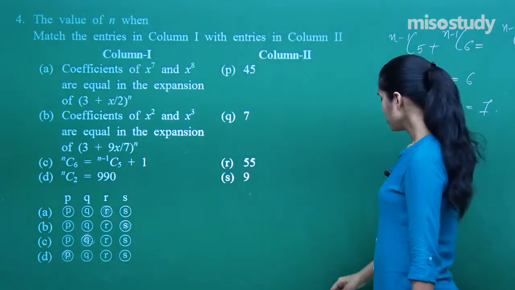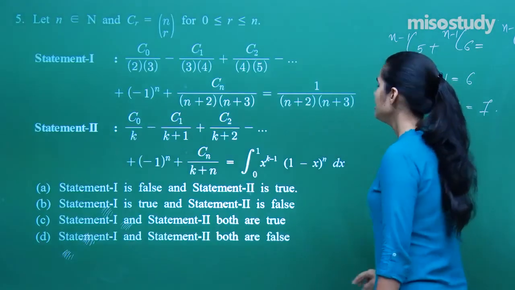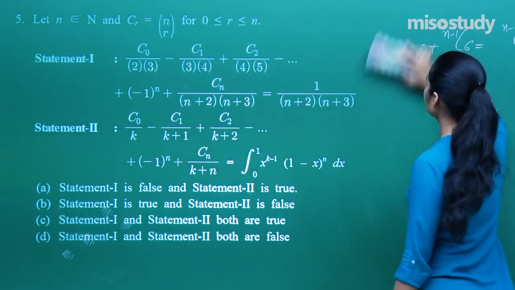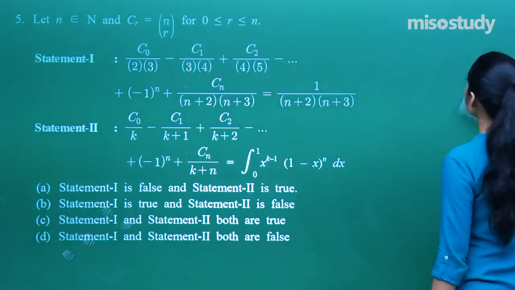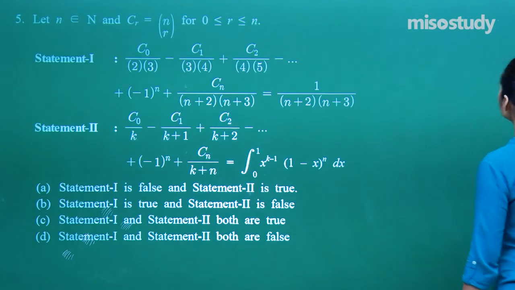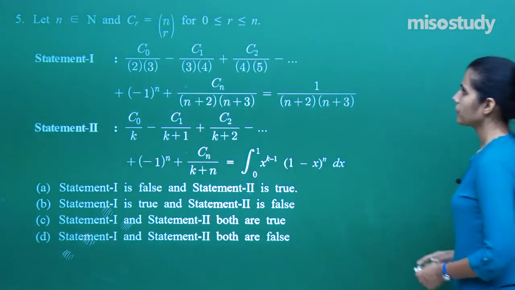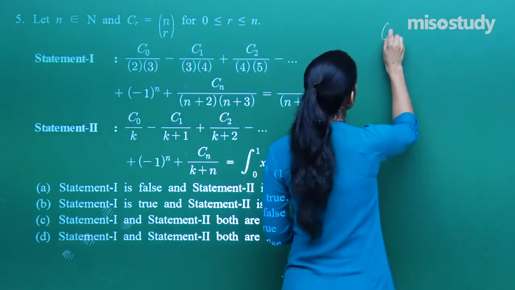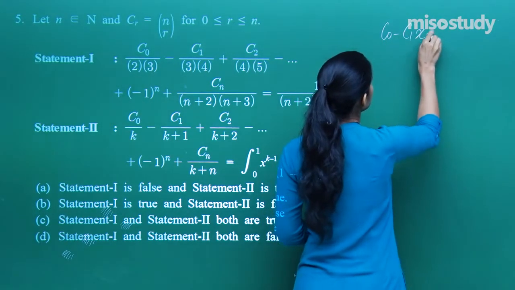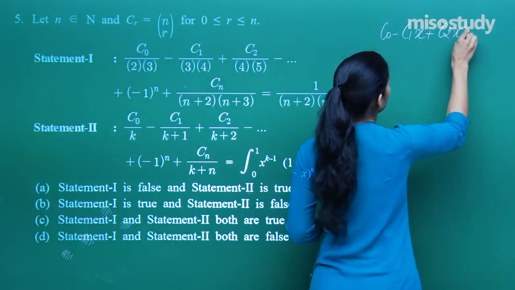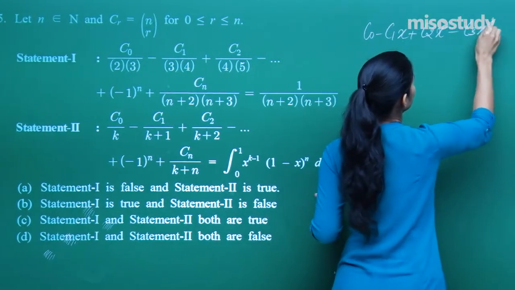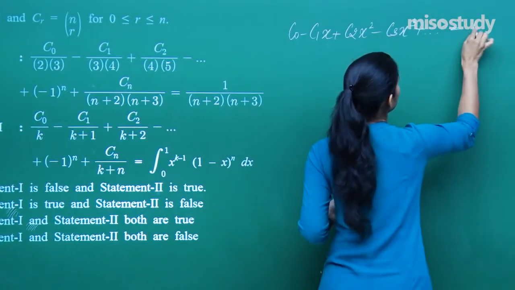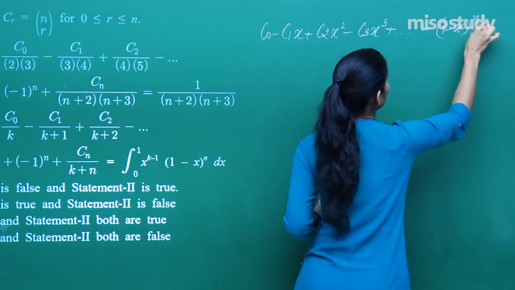Clear? Moving on to the next, we have, this is my N and CR is actually NCR. Statement 1 and statement 2 are given to us. Let's talk about them. Over here, C0 minus C1x plus C2x square minus C3x cube plus and so on can be written as (1 minus x) whole to the power n.